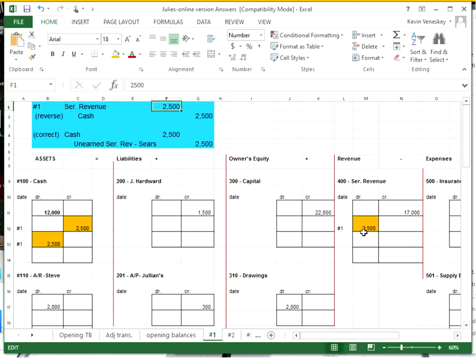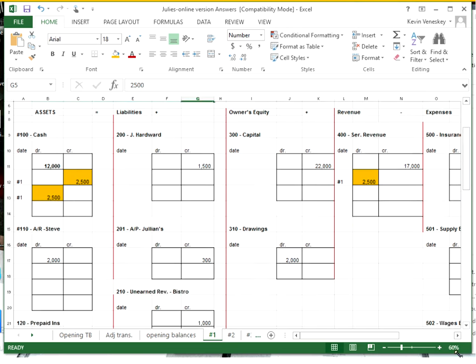So debiting my service revenue to knock out that previous $2,500, even though you can't see it, it's in this number here, the $17,000. And then credit the cash and pretend like that transaction didn't happen. And now go in and do the correct transaction. Go ahead and put the $2,500 back into cash because actually the debit was correct. And then credit my unearned revenue. But notice it's for Sears.